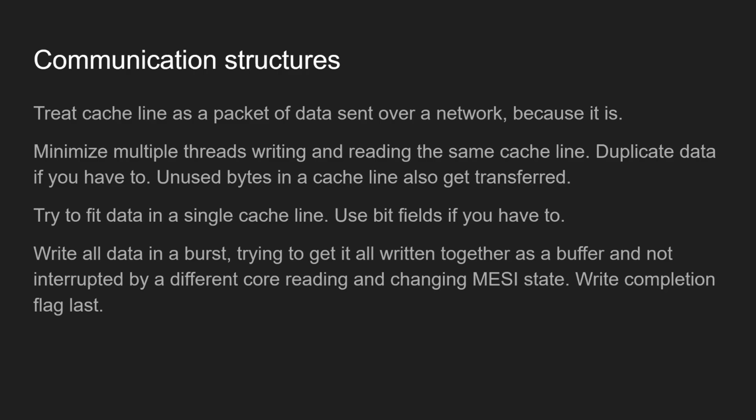You also want to minimize the number of threads that are reading or writing from the same cache line. So long as all of the data fits within a cache line, if you duplicate it, then it's worth it to duplicate it if that reduces contention. For me, this was the case where duplicating the function pointer and data that's passed to the threads was more efficient than having the data in one place and accessed by multiple threads.